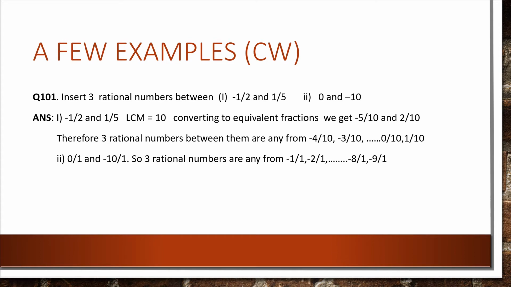So any three integers lying between 0 and -10 will be your answer over here. So the three rational numbers are any from -1/1, -2/1, -3/1 till -9/1. Any three numbers can be taken from these given numbers.